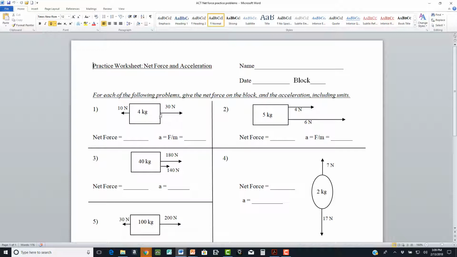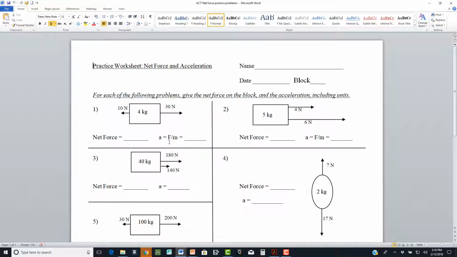So, for instance, there is a force of 30 newtons that is pushing or pulling this object to the right, and there is a second force acting on this object that is pulling or pushing it to the left at 10 newtons. Your job, and I would like you to work on the first two, numbers 1 and 2, is to calculate the net force.